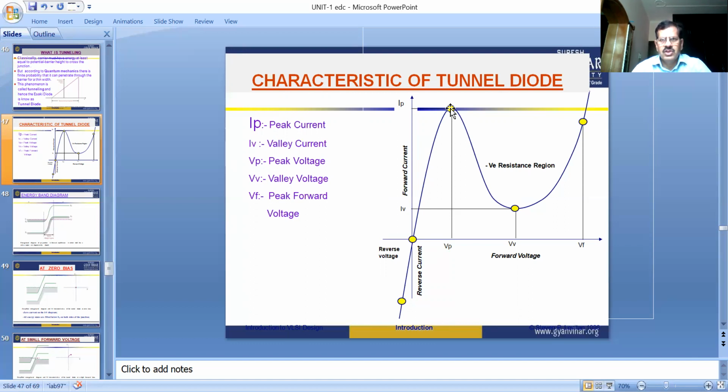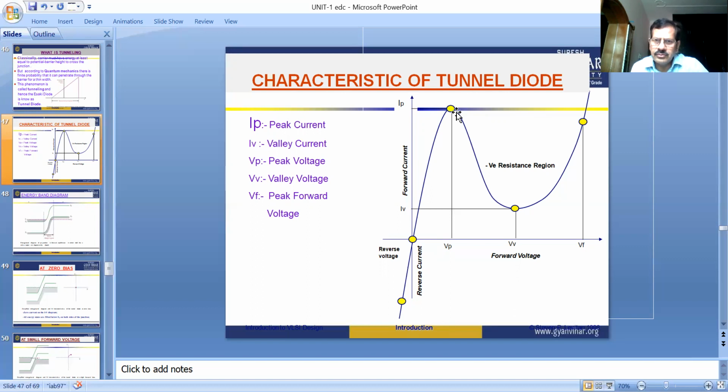So this graph shows the characteristics of a tunnel diode, the graph between current versus voltage. You see in this graph, initially the current increases with the voltage up to a maximum point, the peak point.